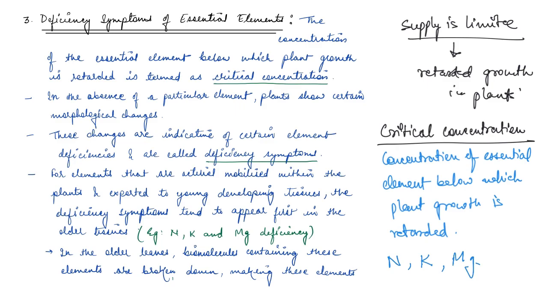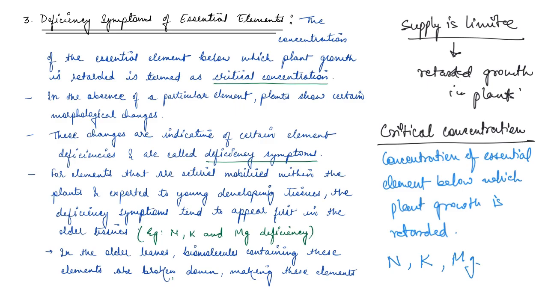Right? Now, there are certain deficiency symptoms which tend to appear first in the young leaves. This happens where the elements are relatively immobile. The plant cannot move them so easily. These elements are present in the older tissues, but since they cannot be moved to younger tissues, once the element is deficient, the deficiency symptom will appear first in the young tissues, right?